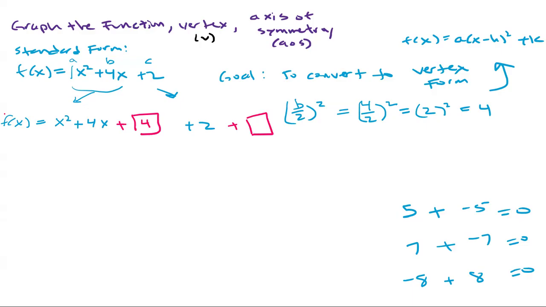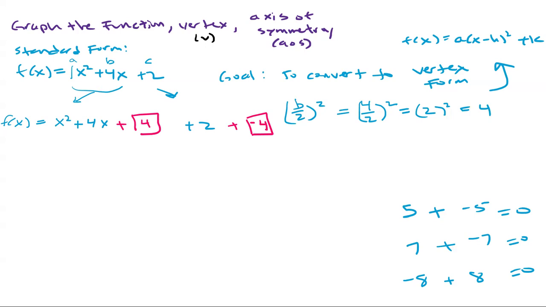However, for this box, do I also put a 4? And the answer is no, because again, we need this to be the same as the previous step. So instead of adding a positive 4, we need to add a negative 4, okay? So they basically cancel each other, right?